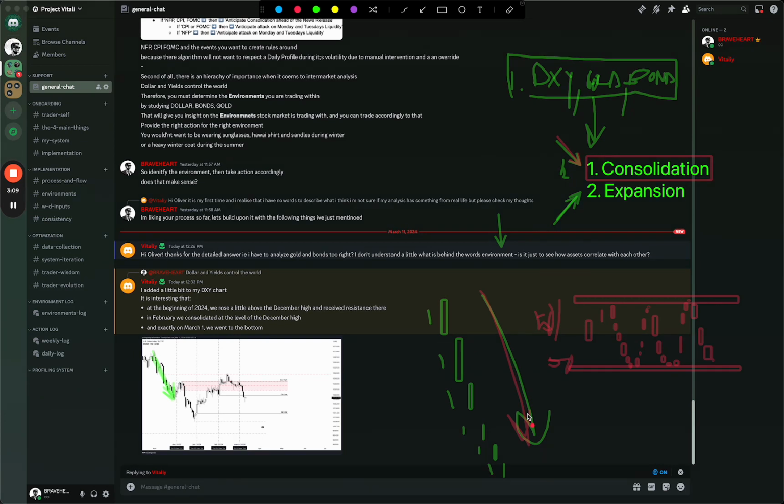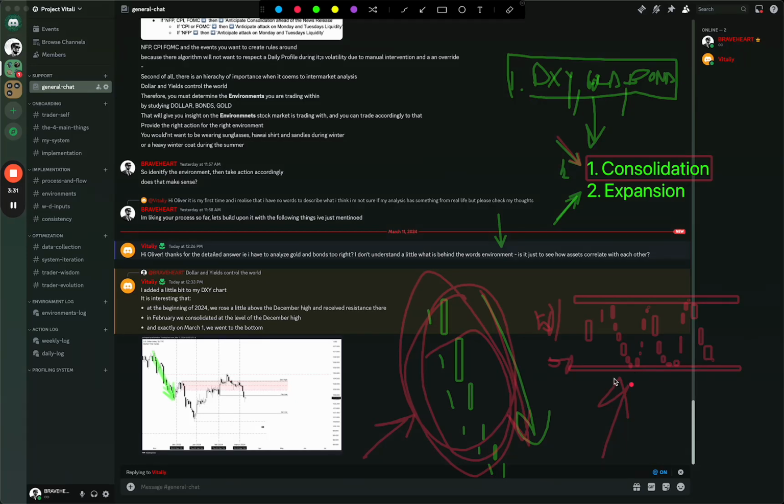So what can we do? What we can do is wait for these prime moments. These are the best times of the year to be trading. When it comes to conditions like this, we change our actions. We must identify the environments so that we can suit our actions accordingly.